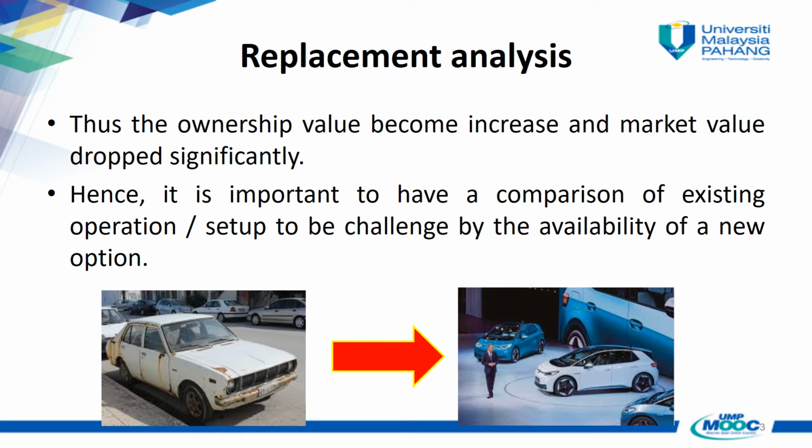This replacement analysis is about the ownership value increasing or market value dropping. Hence, it is important to compare the existing operation so that it is challenged by the availability of a new option.